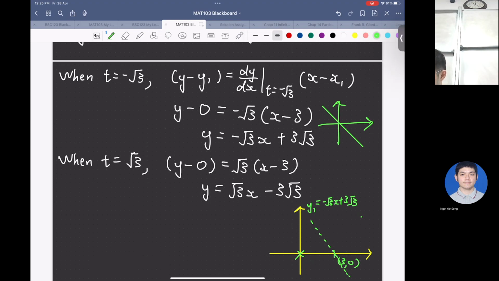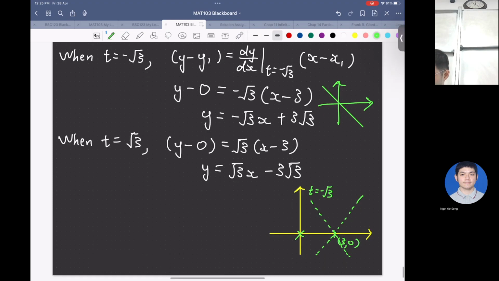And then similarly, maybe instead of labeling this, we just use time, it is easier. Then t equals square root 3. Okay.